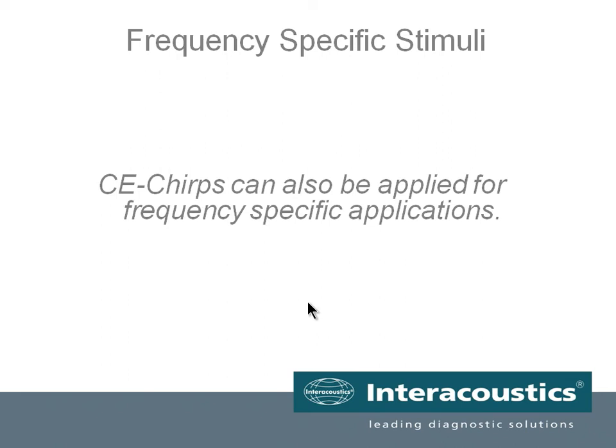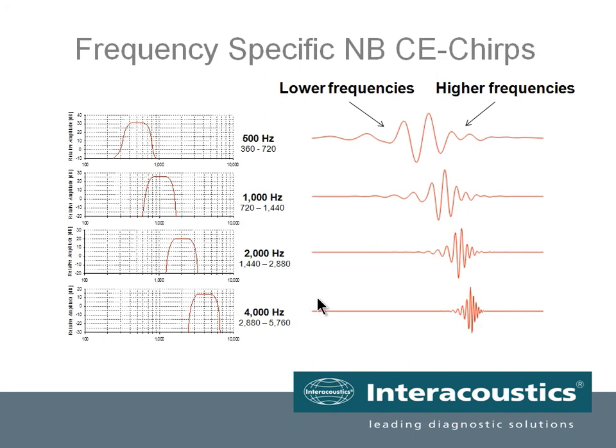And this is very important because with the frequency-specific CE-Chirps that are called narrowband CE-Chirps or octave band CE-Chirps, you can get an actual audiogram by frequency-specific stimuli, which is so important to take advantage of modern hearing aids and achieve an estimated audiogram that can really benefit the fitting of modern hearing aids to hearing impaired children. So what do we do for frequency-specific stimuli?